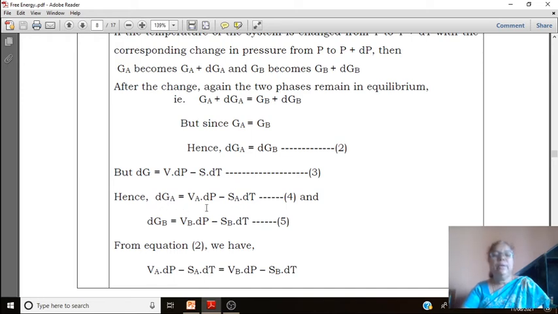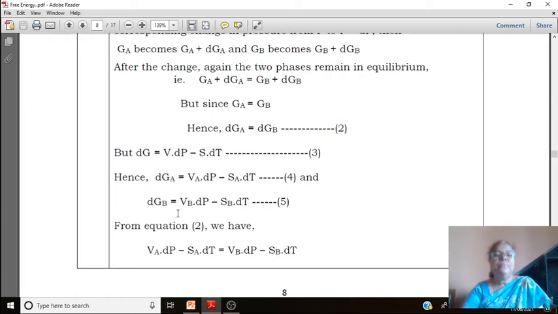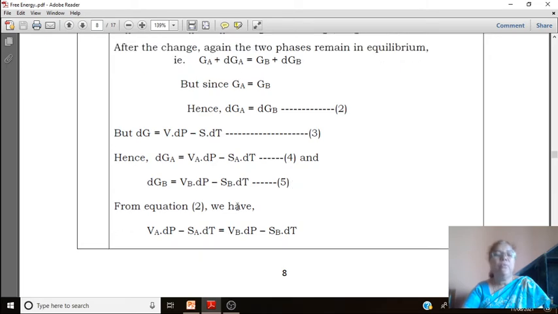Hence, we can write dGa equals Va dP minus Sa dT, expression number 4, and dGb equals Vb dP minus Sb dT. We have this as equation number 5.